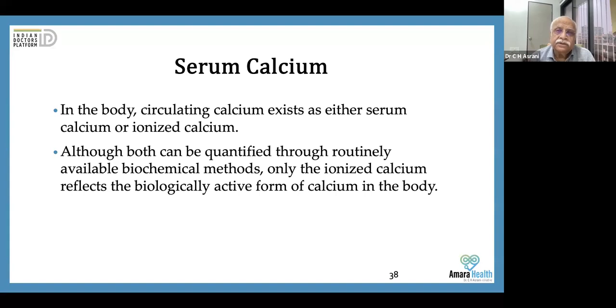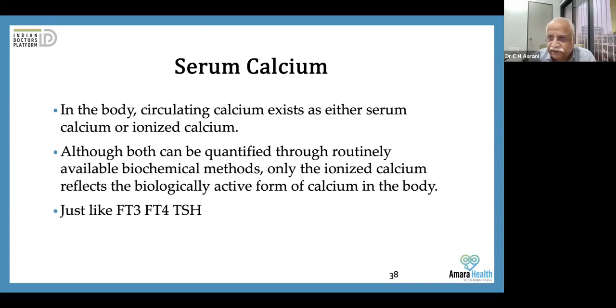It's like in our house, we have plenty of water, but only some water is drinking water. Similarly, ionic form or ionized calcium is the only form which is biologically active and is going to be available for all the functions that it is required. Just like FT3, FT4, TSH.